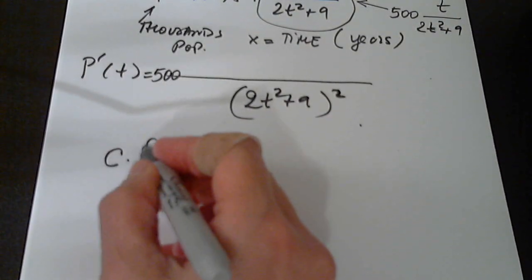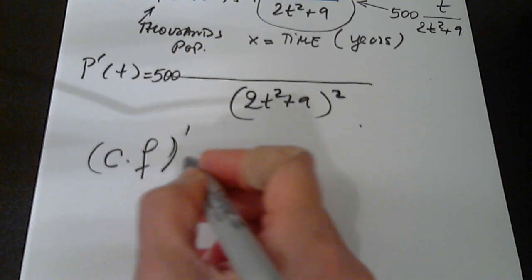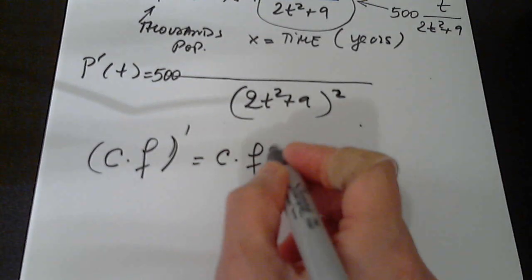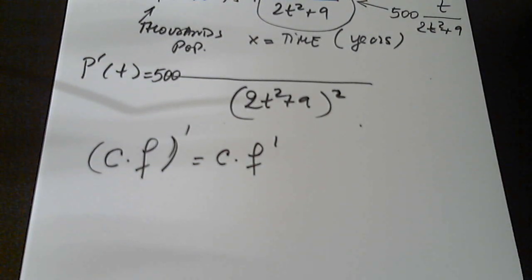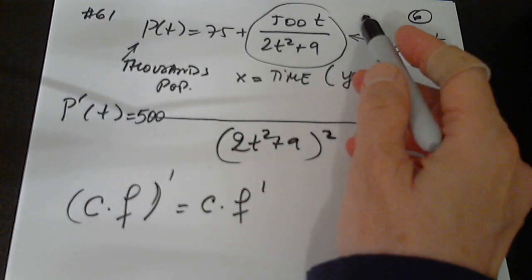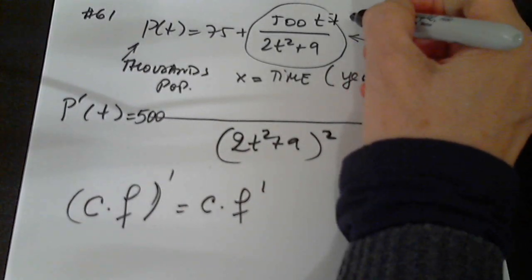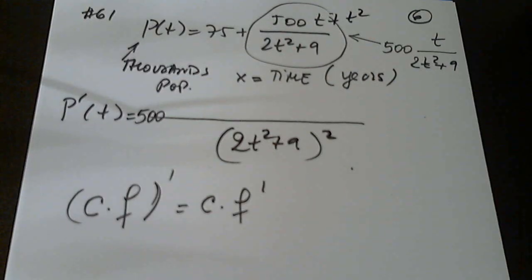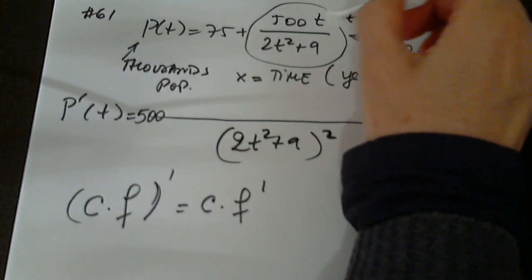A constant times a function prime is the constant times the function prime. So I leave the constant in front only because there is nothing else that follows. If I have here plus t squared, I cannot do that. But I try to simplify a little bit. Is it wrong to keep the 500 in there? No, it's not.